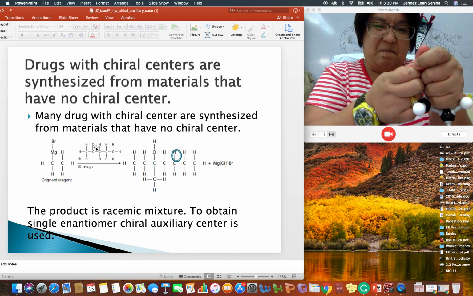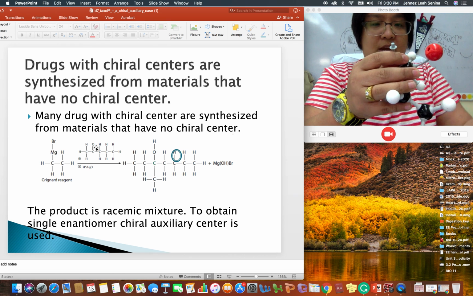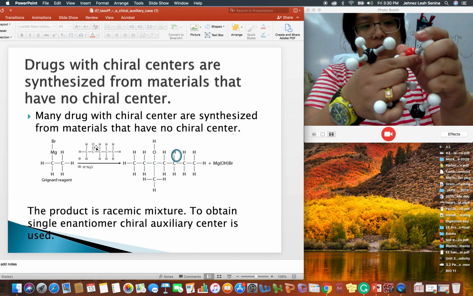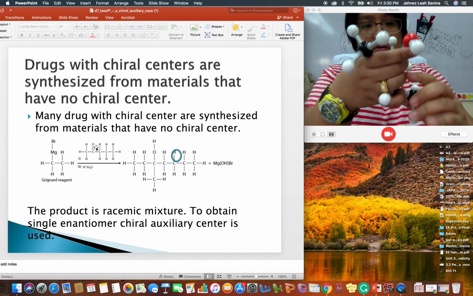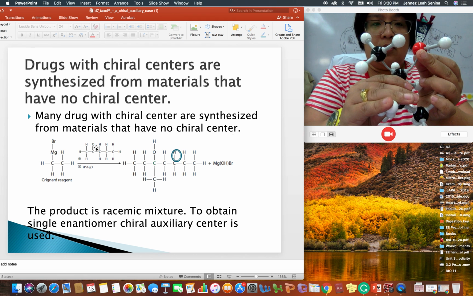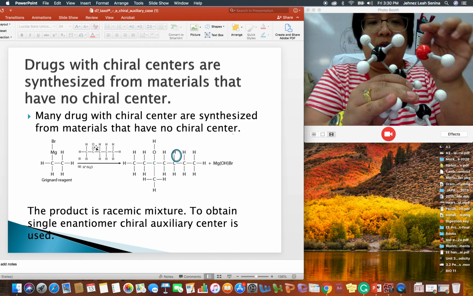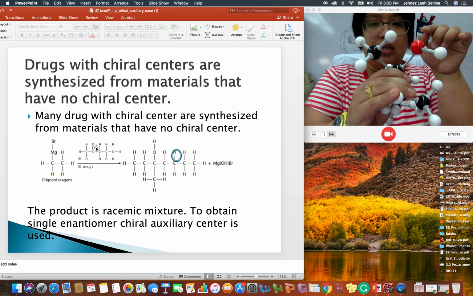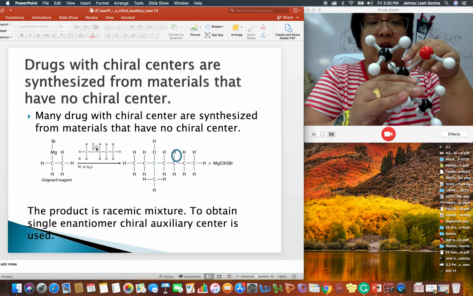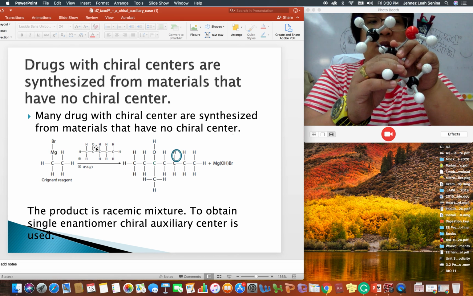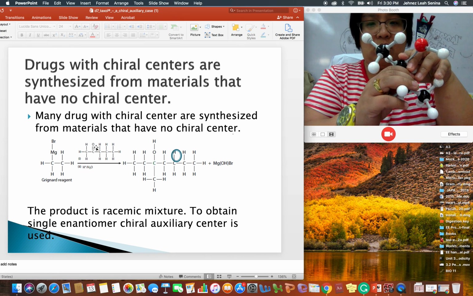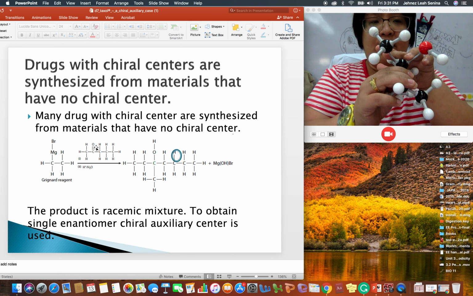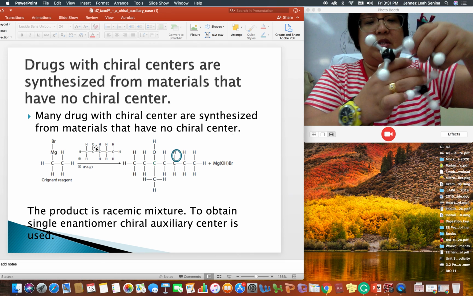This opens up and I can put my CH3 here and my H here. So it's either I put this here and this here, or I put it like this. When I do that, I can have a racemic mixture, meaning I can have molecules that look like this, and then another group of molecules that is the opposite.